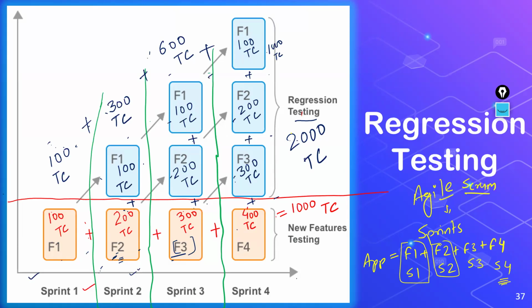But because you have to make sure that the previously implemented features and previously fixed bugs are all working fine and not bothering you again, you have to execute all the test cases.